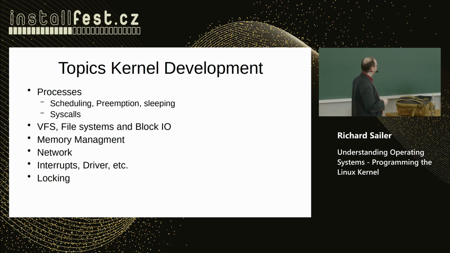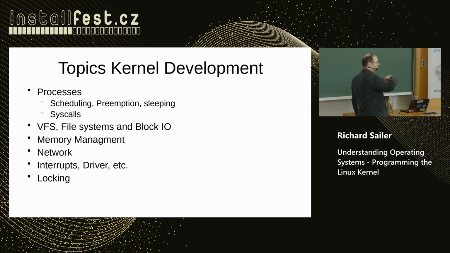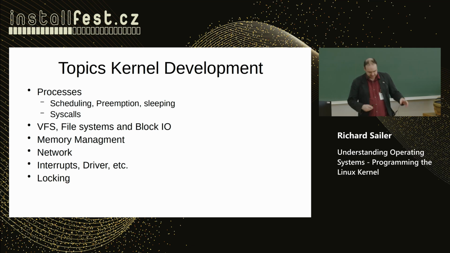You also have to take care of locking, maybe even more, because the whole Linux kernel is multi-threaded. But we also have to make locks work for you, for user space, because locking can also mean that if one process or thread wants to access something and doesn't get it, it will be sent to sleep.